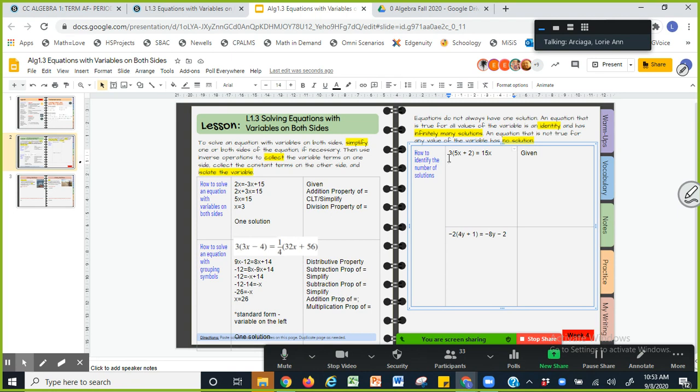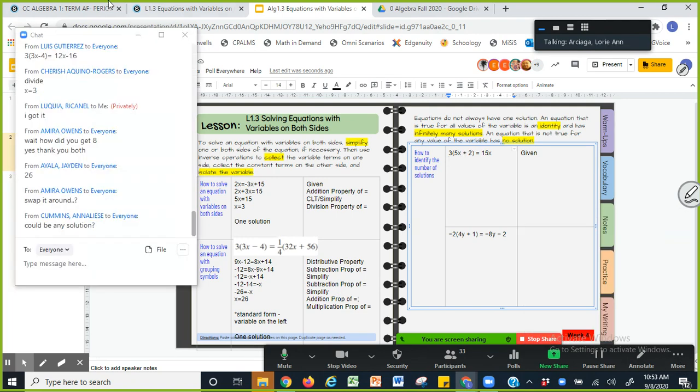There's a 3, and then there's a grouping symbol. So if we multiply that and distribute, can somebody write in the chat what that's going to be equal to? If you distribute the 3 to the 5x plus 2, what will be the result?